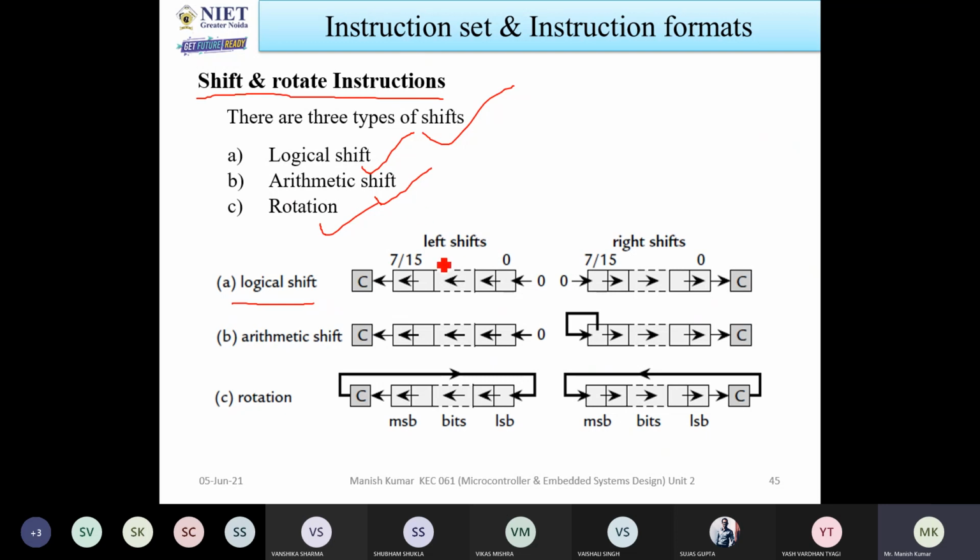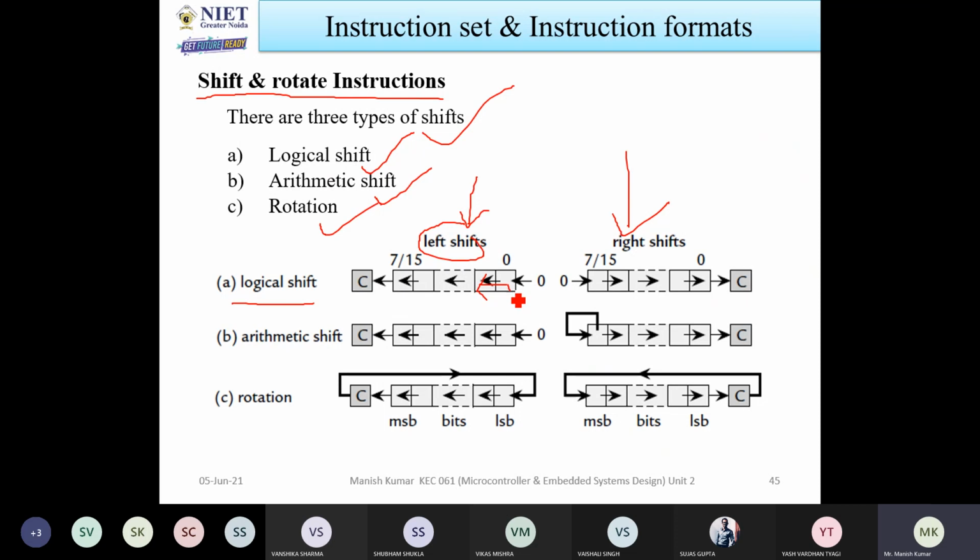Okay. So this is the left shift, this side, and this indicates the right shift. Now if you are talking about the logical left shift, what will happen? One bit is shifted adjacent left.